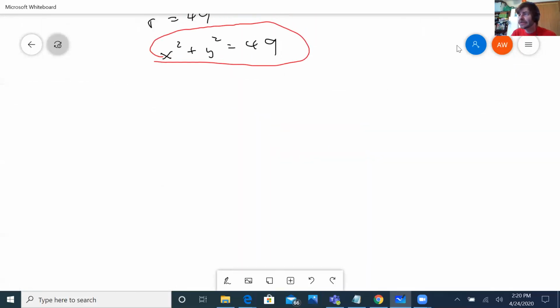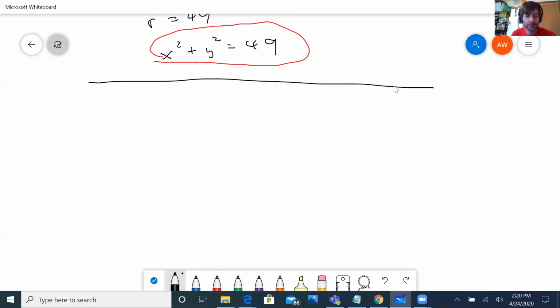All right, then they give me what? Theta equals 3 pi over 4. So before I start actually doing this algebraically, what does this look like?